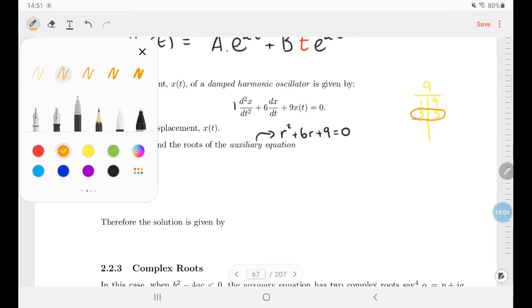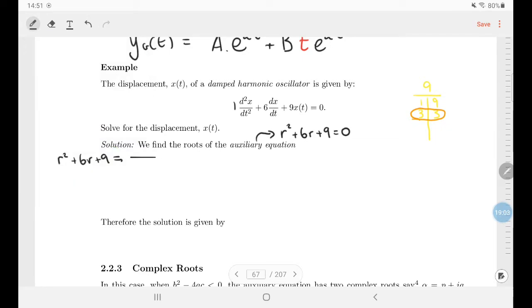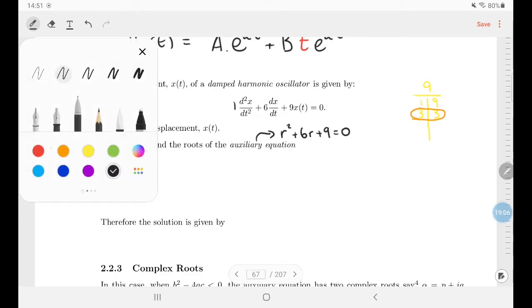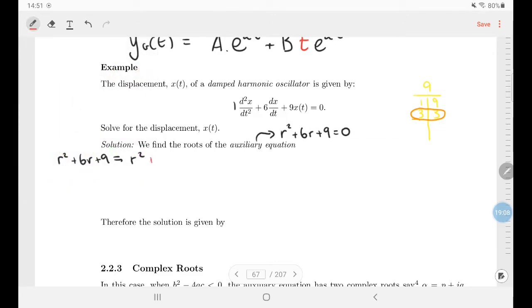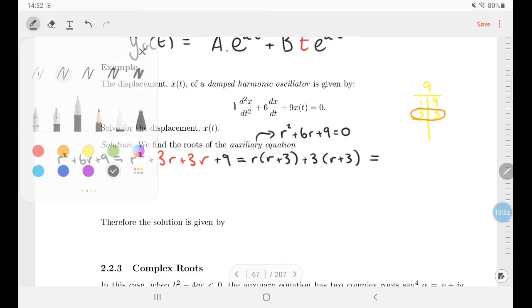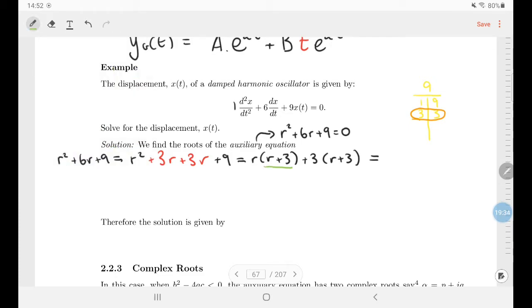So we end up with r squared, and then the 6r is equal to 3r plus 3r plus 9. Then we take the common factor out of the first two terms, which is r, and you're left with r plus 3. Then you take out something common out of 3r plus 9, that leaves r plus 3 again. That would be 3. And then you take something common out of these two. That would be r plus 3.